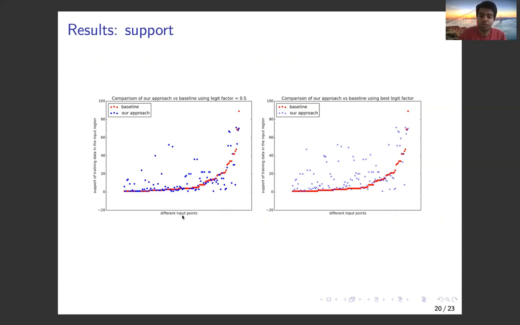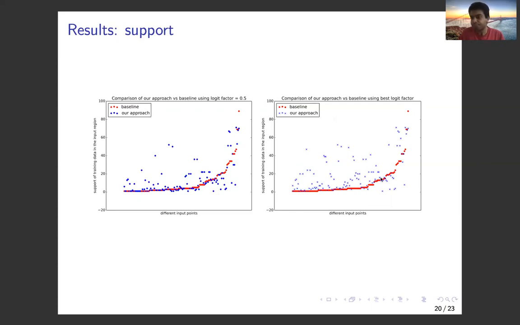For the plot on the left, the logit factor, or the epsilon, is fixed, while for the plot on the right, for each input point we choose the best logit factor or epsilon for that particular point. Therefore, our results are increased significantly when we have this leeway to choose our best epsilon.